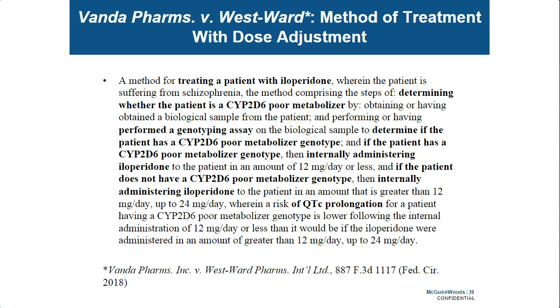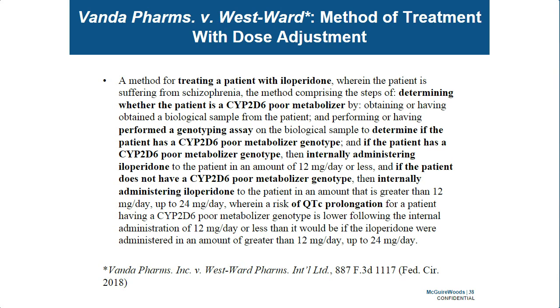So here is a complicated claim, and I'll try to explain it to you. This claim is drawn to a method for treating a patient suffering from schizophrenia with this drug called iloperidone. If a patient is a poor metabolizer for this particular enzyme called CYP2D6, there's a risk that this patient will suffer something called QTc prolongation.